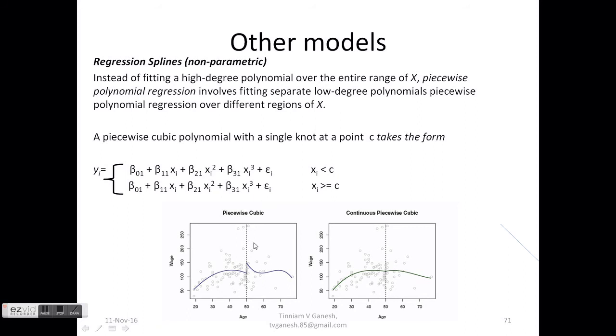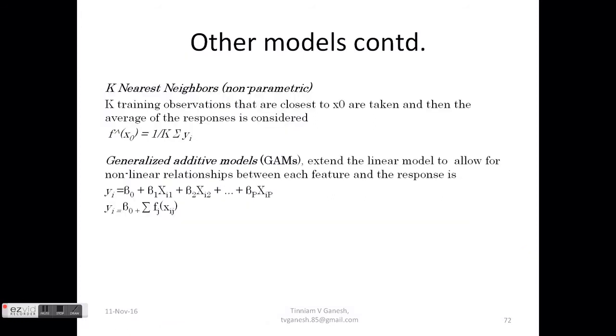But obviously this is not a good solution, because there's a discontinuity at the age of 50. If you remember, discontinuity means the left hand side is not equal to the right, and the derivative of the left hand side is not equal either. Whereas in the alternate, this one here, it is actually equal. There are mathematical methods to make it continuous at these knots, which are the points where the two different polynomial functions join. There's a mathematical way to make it first order continuous and second order continuous.